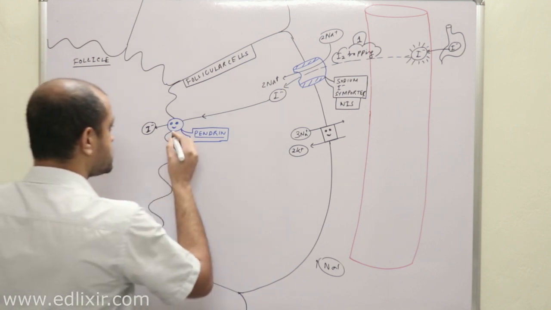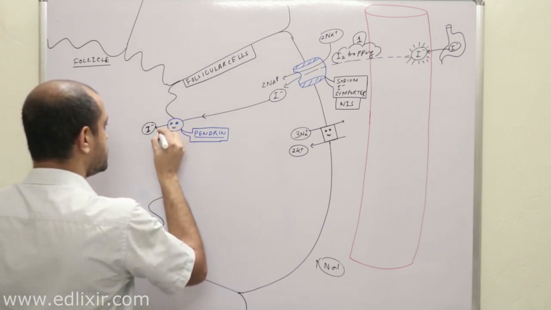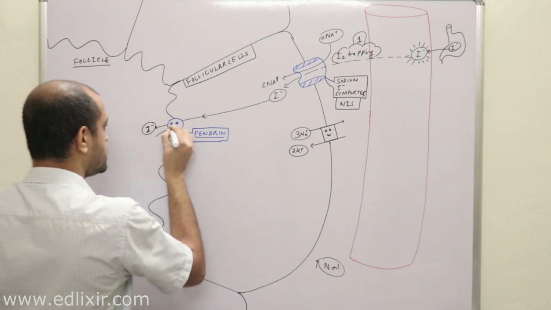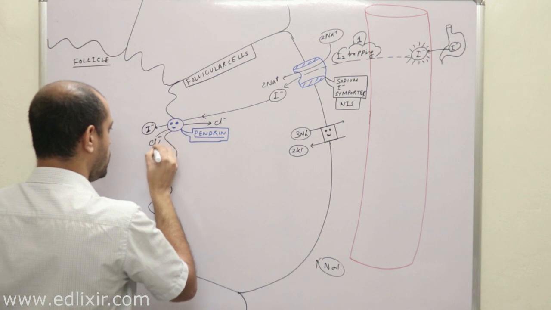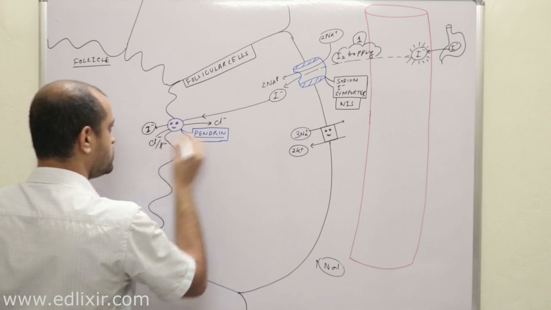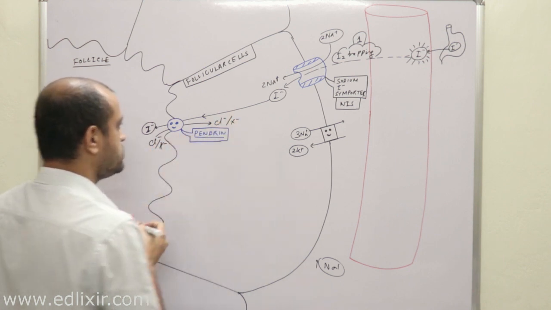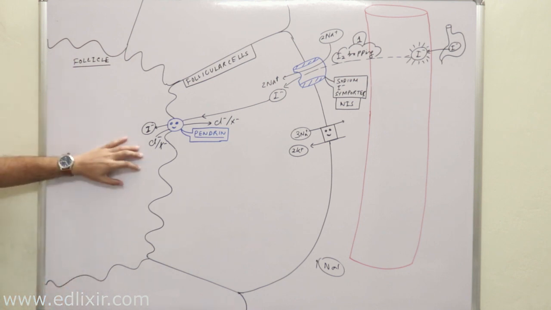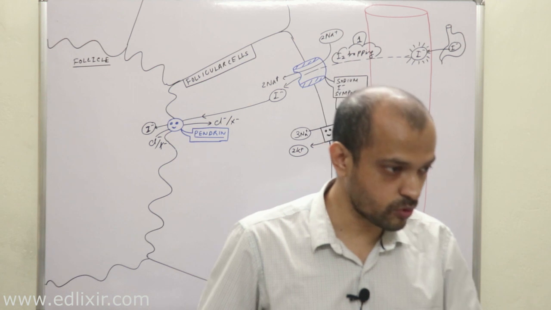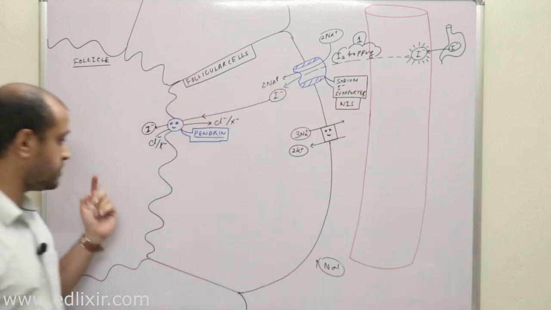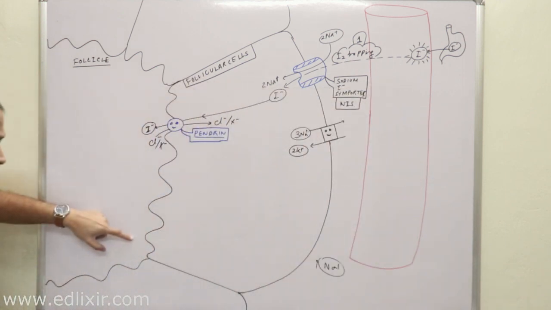This pendrin will in return take chloride or any other anion from the follicle. Clear? So this is the role of pendrin, an exchanger protein present in the apical membrane of follicular cells.